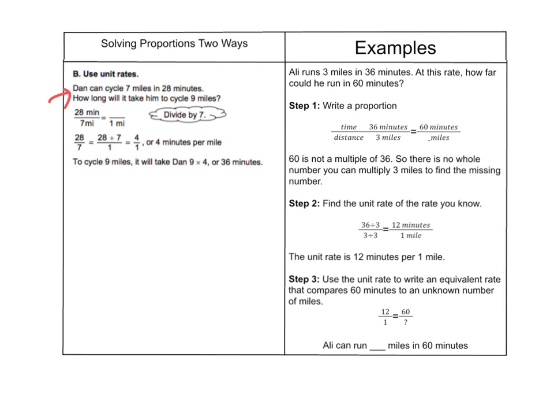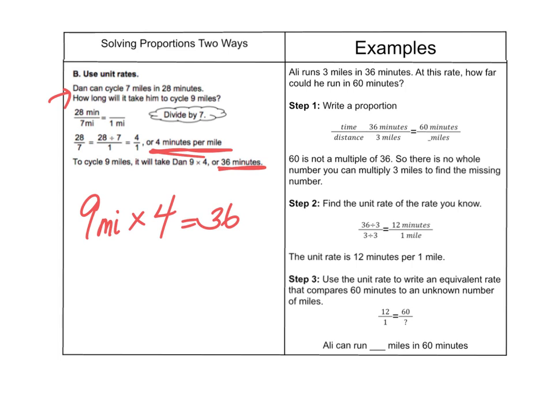So we're going to take 28 minutes divided by 7 miles to figure out how many minutes it takes for him to cycle 1 mile. So when we do that, we find out it takes 4 minutes per mile. So if he needs to go 9 miles, and each mile is going to take him 4 minutes, we'd multiply that and figure out that it will take him 36 minutes.